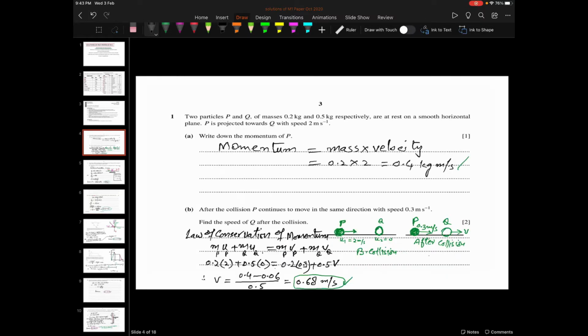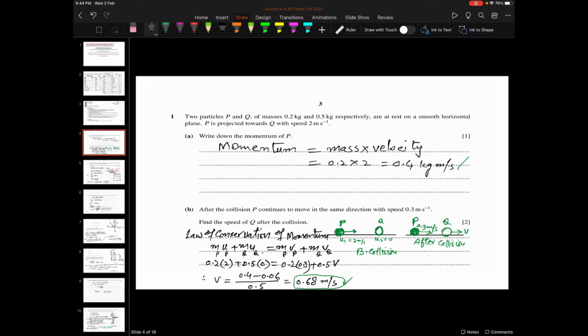Question number 1. Two particles P and Q of masses 0.2 kg and 0.5 kg respectively are at rest on a smooth horizontal plane. P is projected towards Q with speed 2 meter per second.